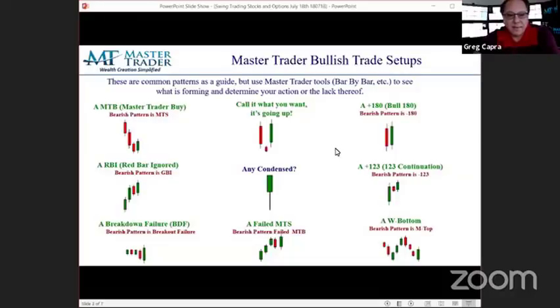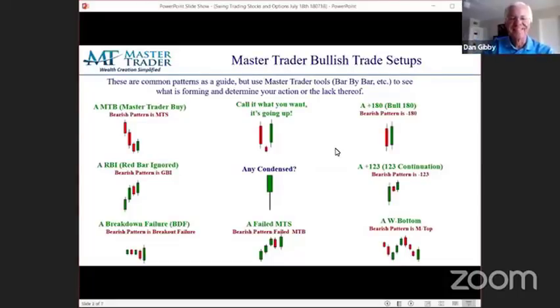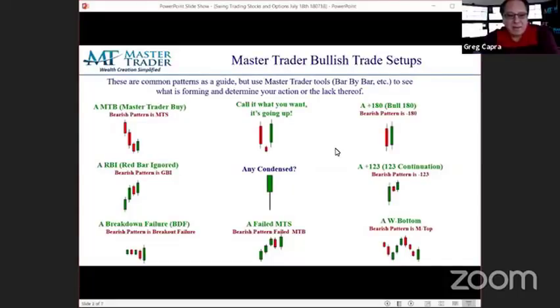And then the middle one, call it what you want. You candlestick aficionados might call it Morningstar. I forget the names, honestly. I just look at the picture and think, that's going up. Keep it simple. The 180 reversal.